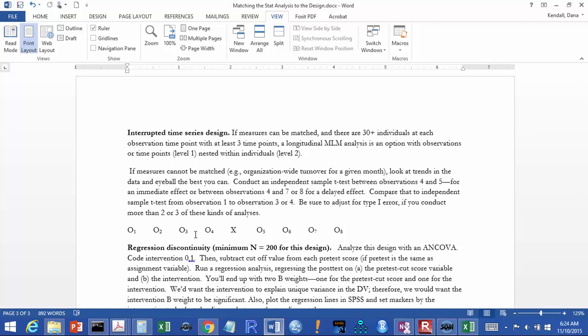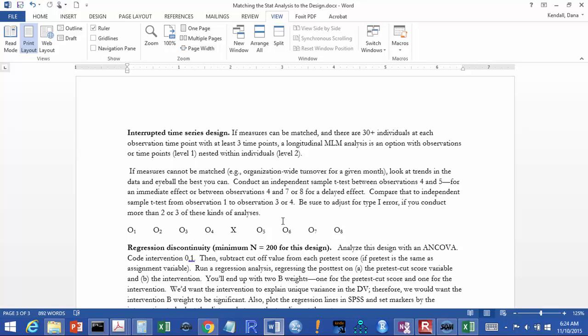So the intervention interval, and then you could also do t-tests between observations 1 and 2, 2 and 3, etc. And you're conducting multiple independent t-tests, basically, and hoping that there is a change within this interval, and then a change within this interval as well, 4 and 6. And those kinds of things you can play around. It's a little bit more exploratory than some of the other designs that we have here. Exploratory in nature.